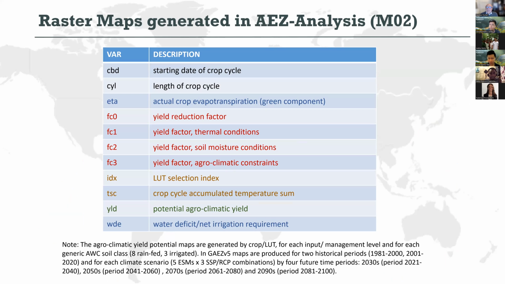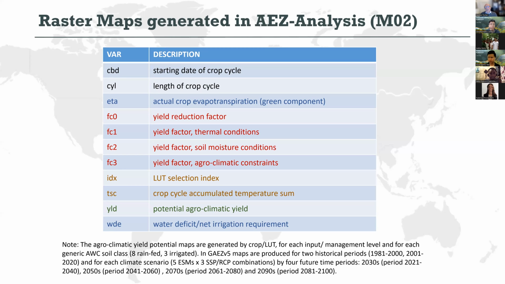Raster maps generated in the AEZ analysis of module 2 include the starting date of a crop cycle, which is determined in this crop calendar search; the length of the crop cycle, the number of days that it is in the field from sowing to harvest; the actual crop evapotranspiration; and the yield reduction factors related to temperature conditions, to soil moisture conditions, and to agroclimatic constraints which are applied.